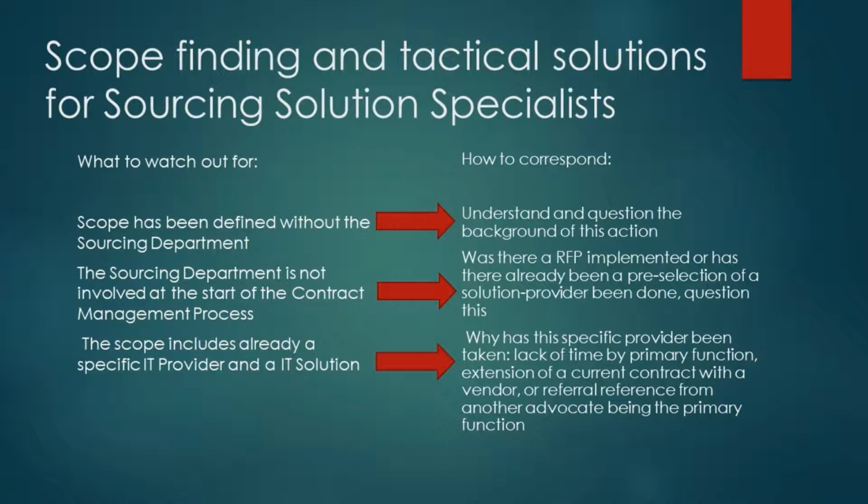Referral reference from another advocate being the primary function. Remember, you're going to also want to collaborate with your internal primary unit. Just remember that they are also having a collaboration with other primary units, and they're receiving reference from vendors.